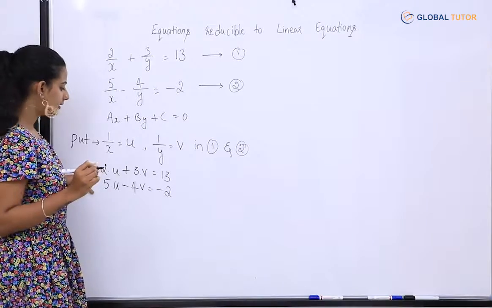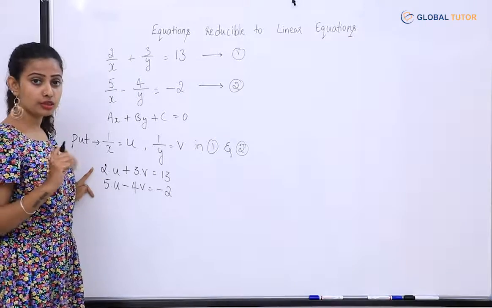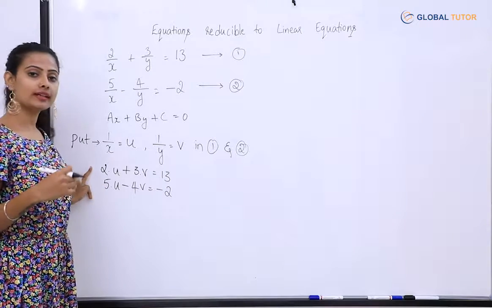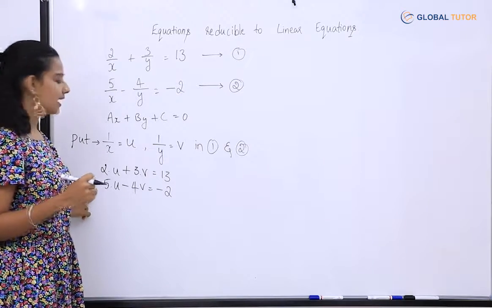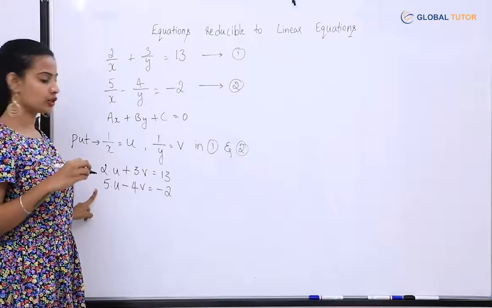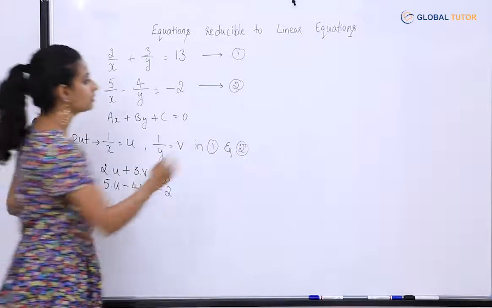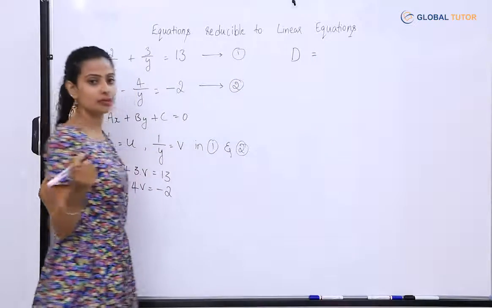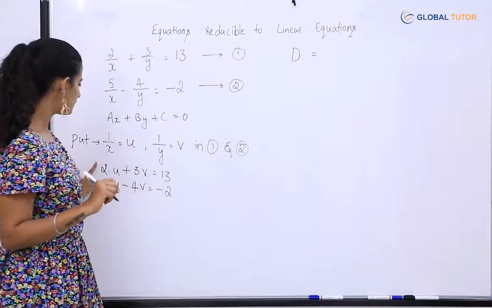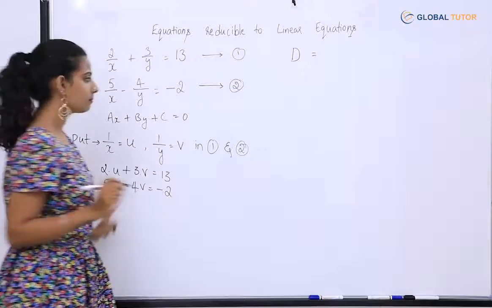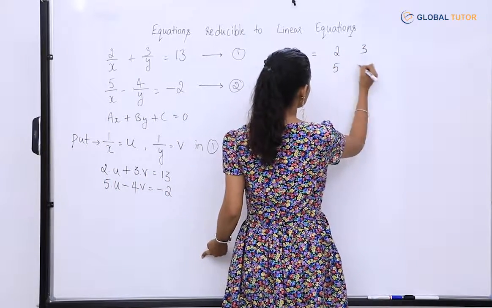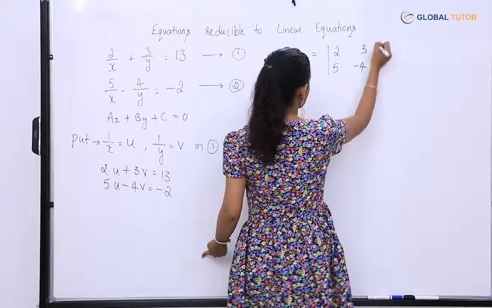Now we can use either substitution method or elimination method or Cramer's rule to solve this. So what are we going to do? Let's write D. I am going to use Cramer's rule. So this is 2, 3, 5 and minus 4.